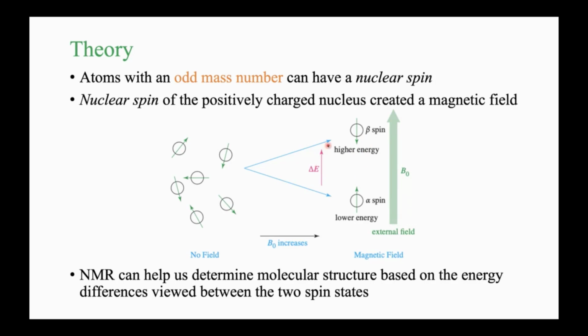There's an energy difference between these two. In the magnetic field, they will give radio waves and test the energy required to make this flip. That is how we are able to probe a molecule's structure. So NMR can help us determine molecular structure.